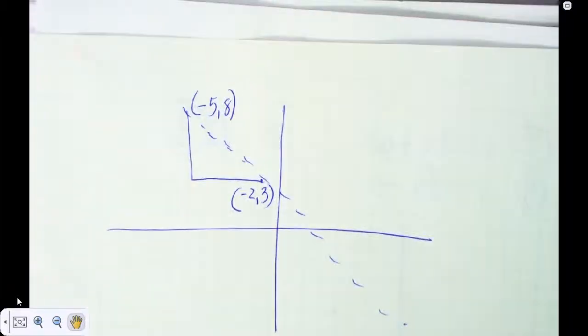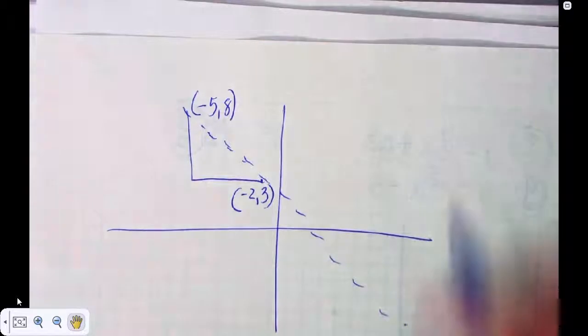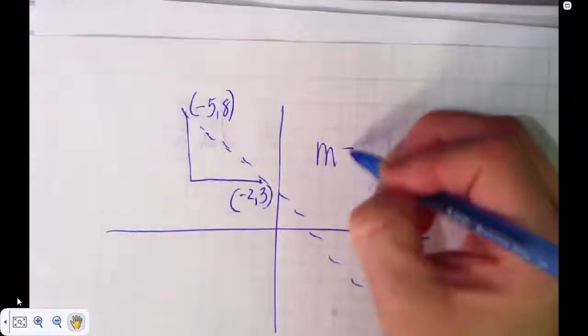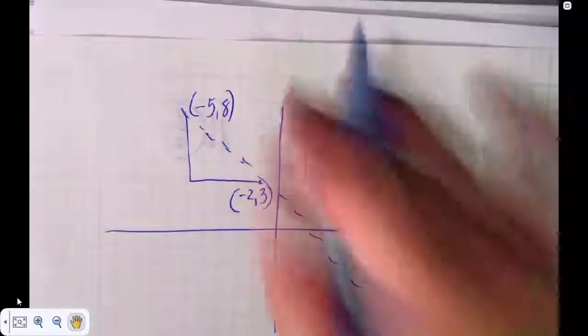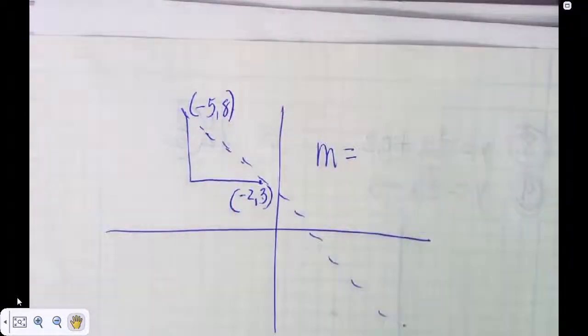How could I find the slope for this triangle? Oh, I'm so happy. Write M equals, everybody. Now go over there to the side or above it, wherever, and write these two coordinates down. Don't do anything. Just go write those two coordinates down.